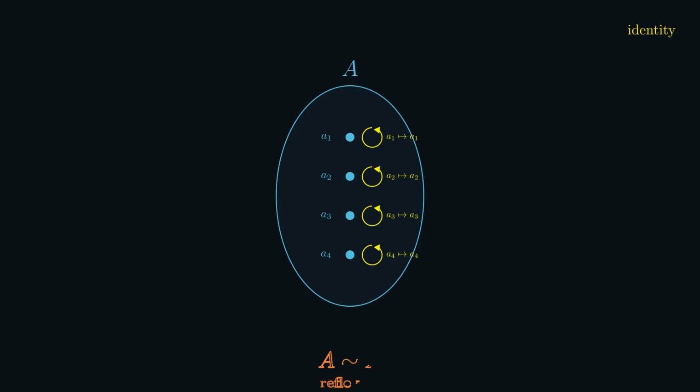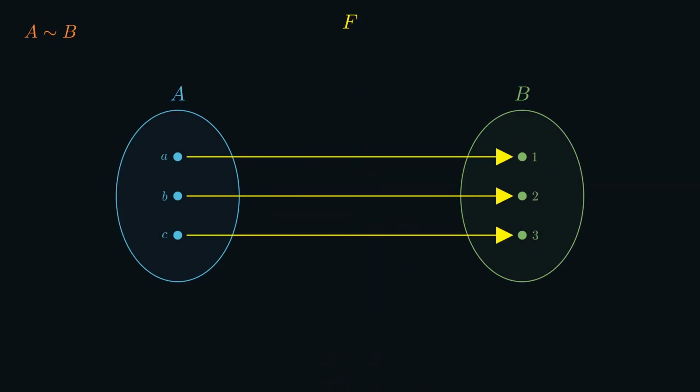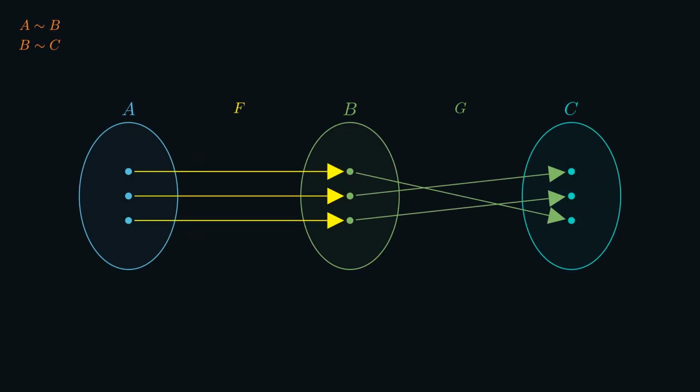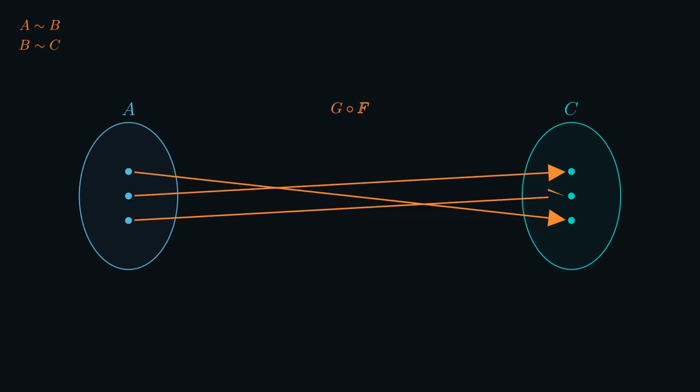Every set is similar to itself. I just use the identity function. If A is similar to B, then B is similar to A. I just use the inverse function. If A is similar to B and B is similar to C, then A is similar to C. I compose the two functions.